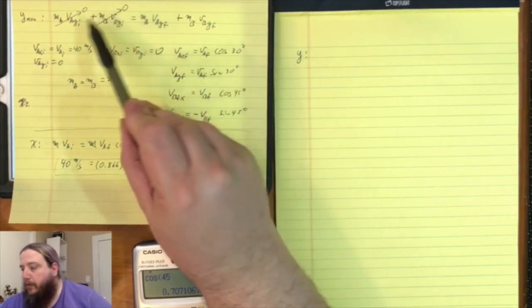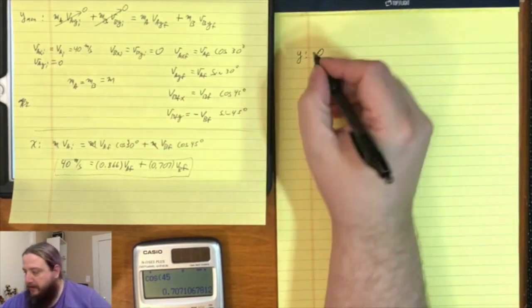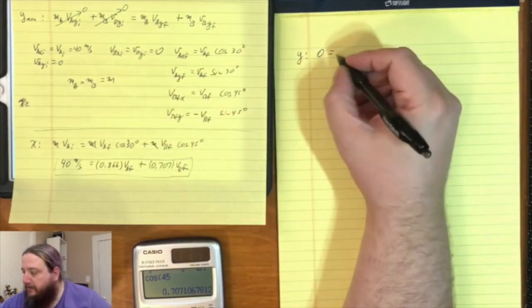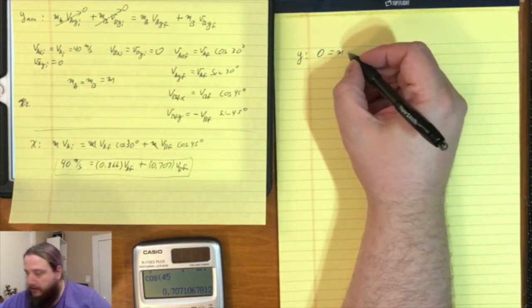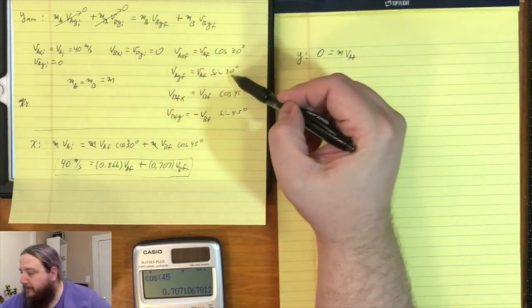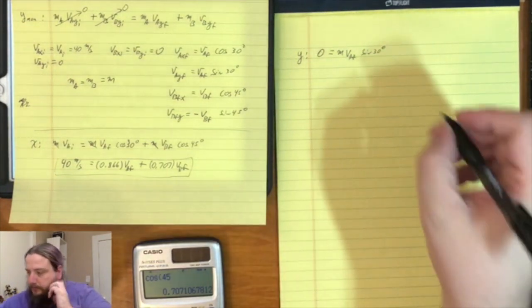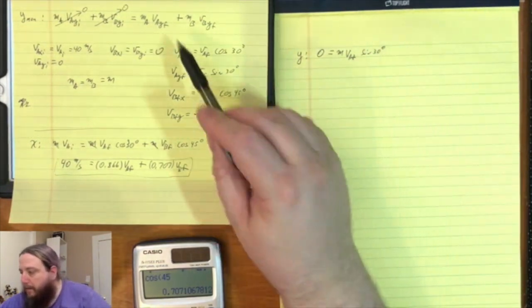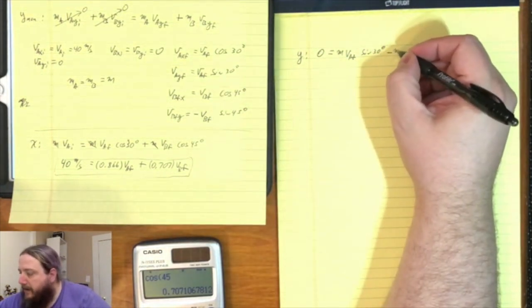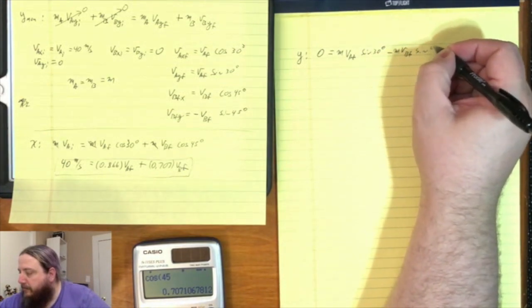What we had left up here was just 0 on the left is equal to mass times VA final sine of 30, and then minus mass times VB final sine of 45.